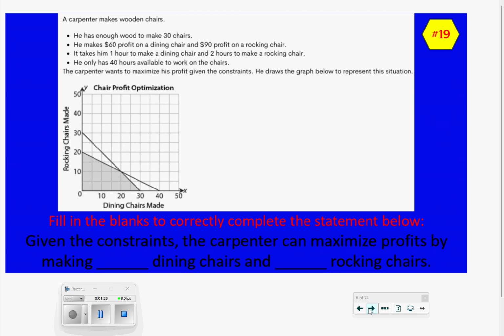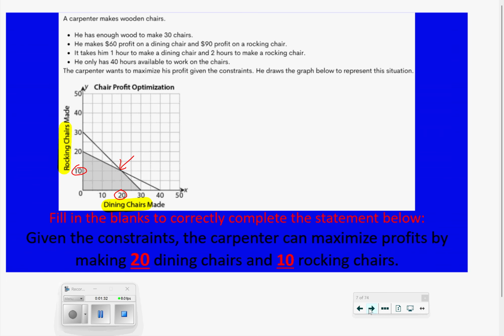Try this one. Okay, the answer here is 20 and 10. We've got the constraints here. We see where they meet, right?